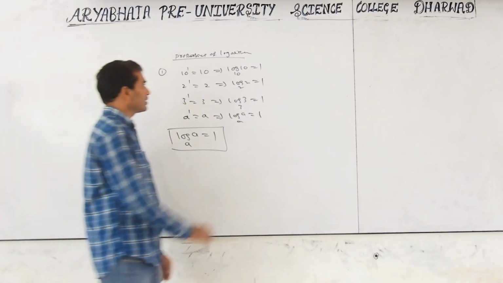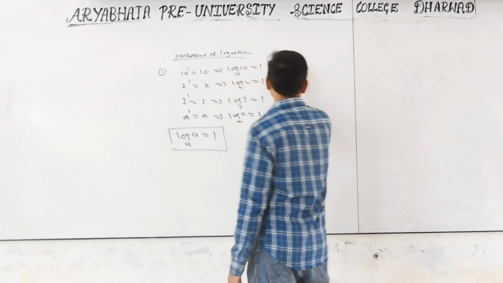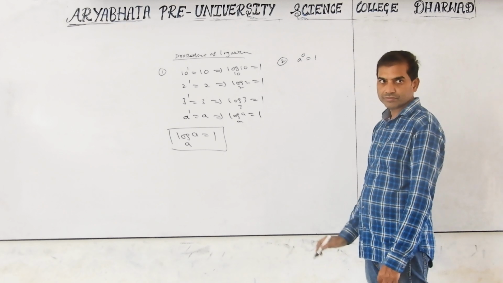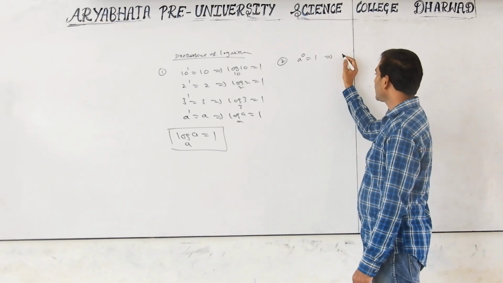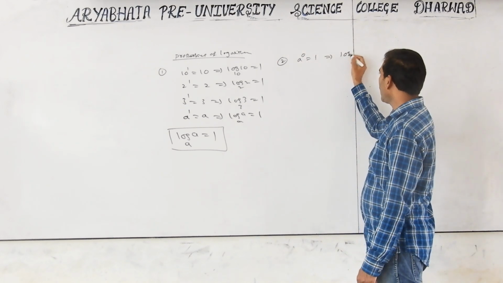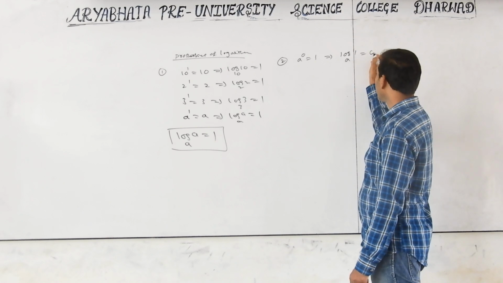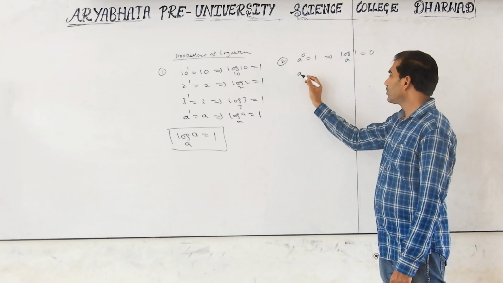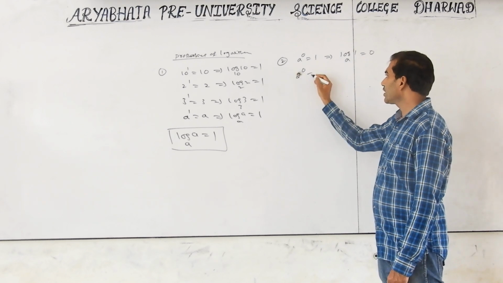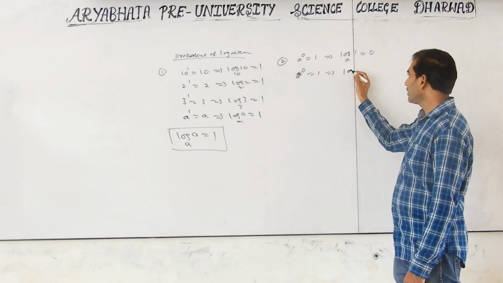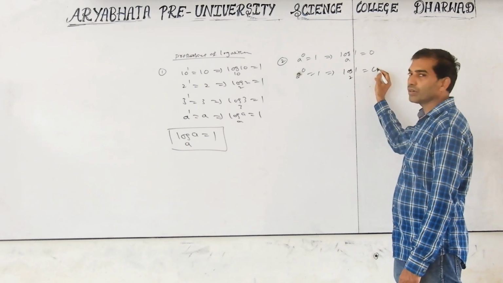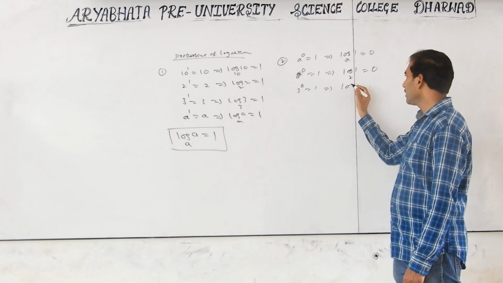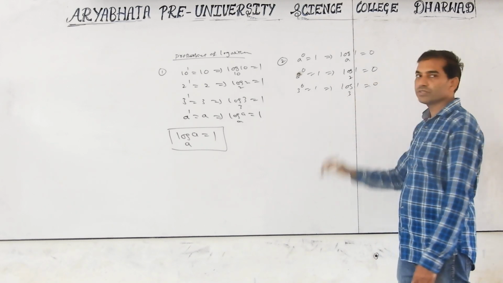Okay. Next, second property. a power 0 equal to 1. Tell me, this is right. In logarithm form, log 1 base a equal to 0. 2 power 0 equal to 1, right. In logarithm form, log 1 base 2 equal to 0. 3 power 0 equal to 1, log 1 base 3 equal to 0.